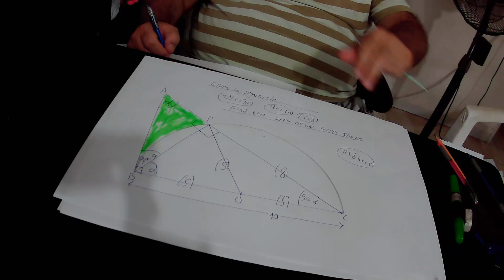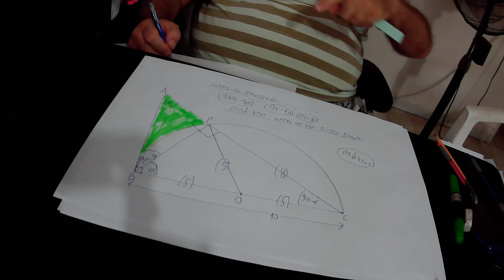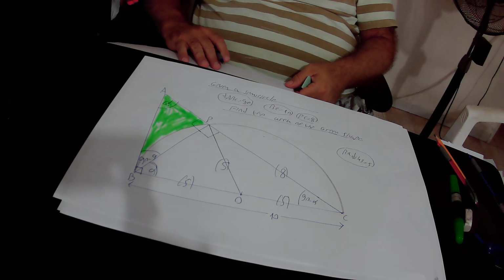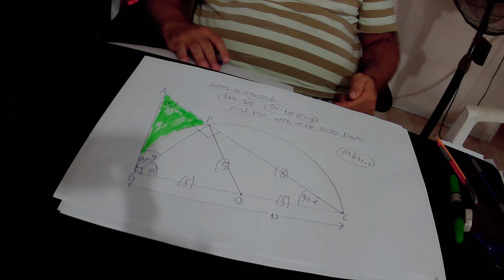Okay, and from the fact that those two right triangles are similar to each other, we will derive that the following relationship exists between their sides.